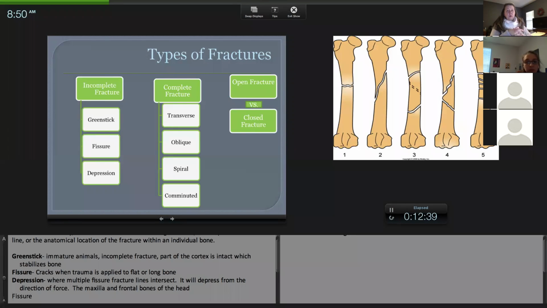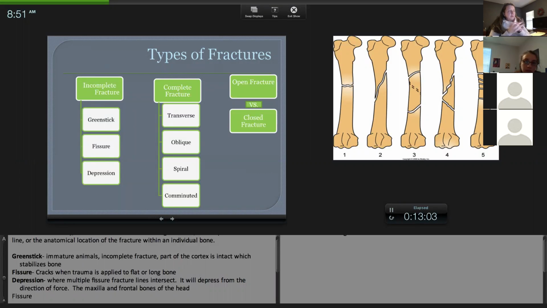A fissure might be a line inside the bone. So a green stick usually affects the cortex, or the outer part of the bone. A fissure could be a line that you see within the bone somewhere. It doesn't necessarily mean the outer portions of the bone are broken, but somewhere within that bone, we see a fissure line.